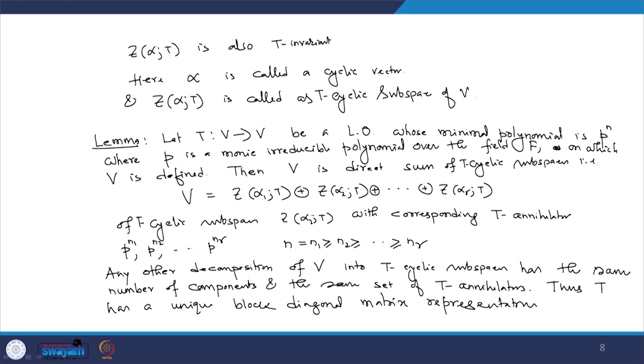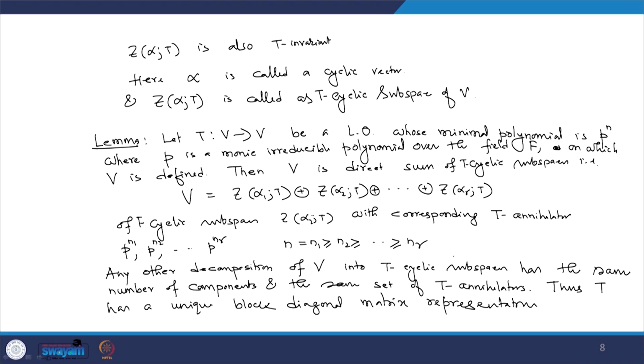The T annihilator of Z(alpha 1, T) is p to the power n 1, for Z(alpha 2, T) it is p to the power n 2, and for Z(alpha r, T) it is p to the power n r, where n equals n 1 greater than or equal to n 2 greater than or equal to ... n r.